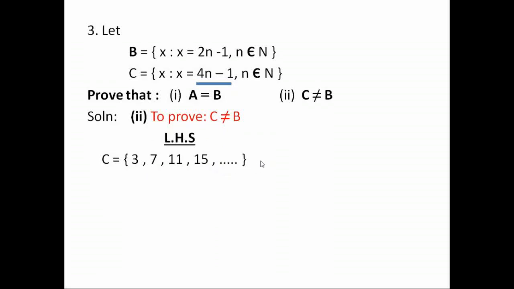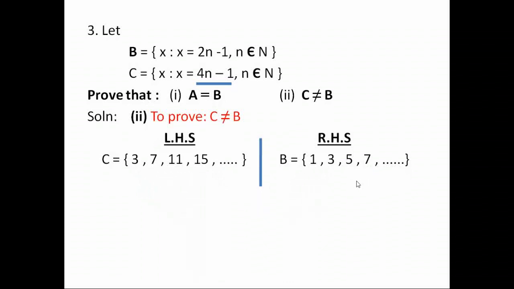Now let's get the elements of set B, which we had already found in the previous question. So we can directly represent the elements of set B here in the roster form. Now if we compare the elements of set C and set B, we will see that the elements are not the same.